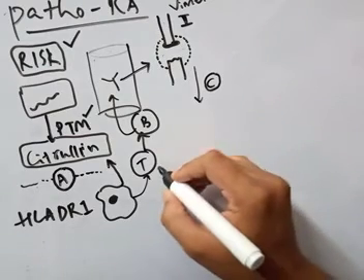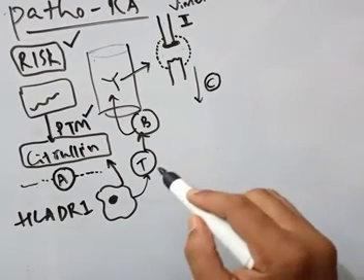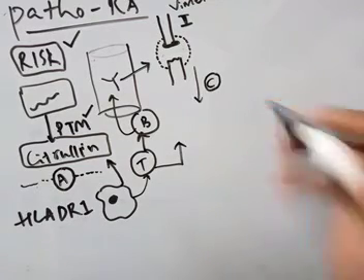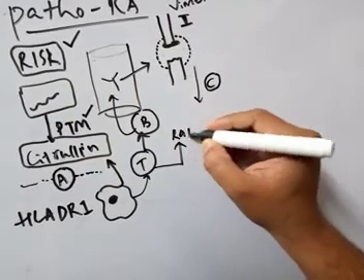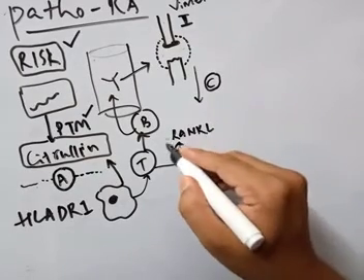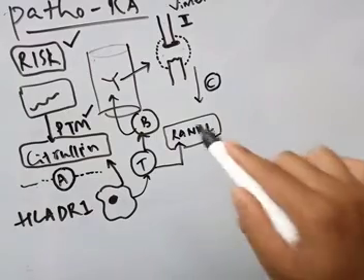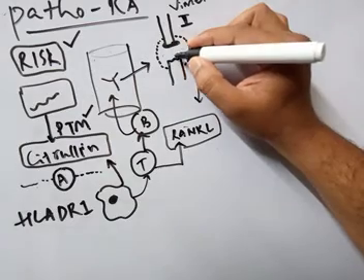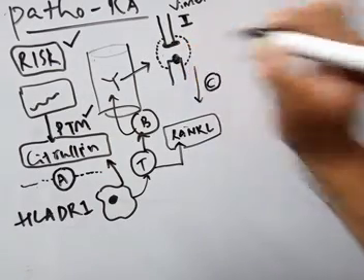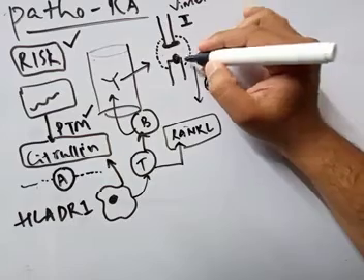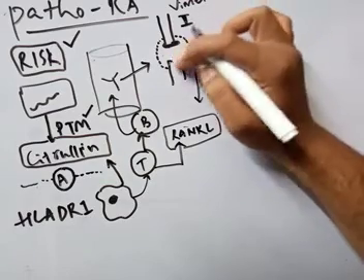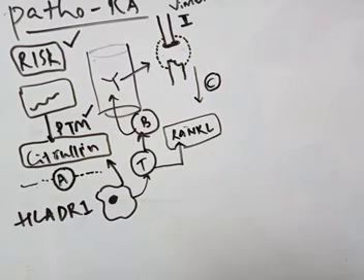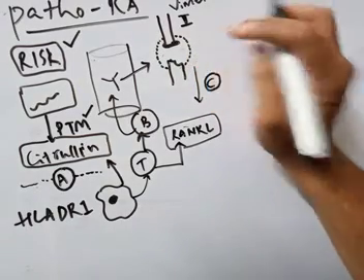Now the stimulated T cells come into the picture, and these stimulated T cells have RANK ligand stimulation. This RANK ligand stimulation over the destroyed fibrous cartilage activates osteoclasts. The activated osteoclast eats up the bone, leading to bony erosions.